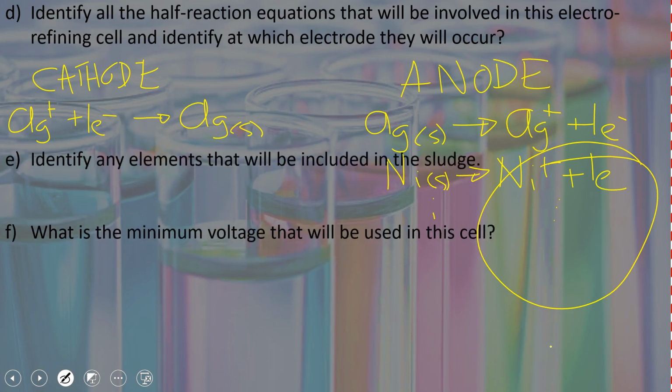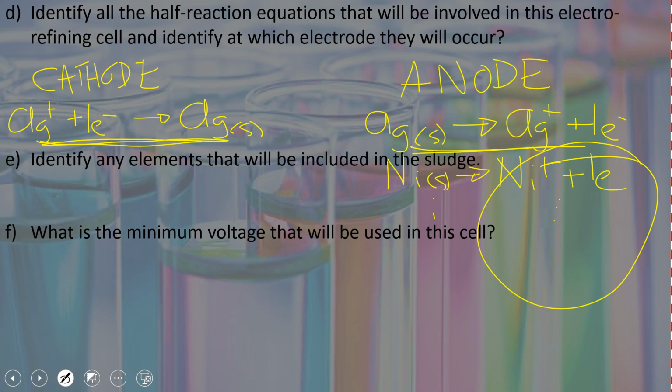What's the minimum voltage that will be used in this cell? Well, realistically, if I have this reaction minus this reaction, the voltage for that reaction to actually occur should be close to 0, according to this data booklet. But we're not happening under those conditions, so you probably have to add a little voltage in order for this to occur.